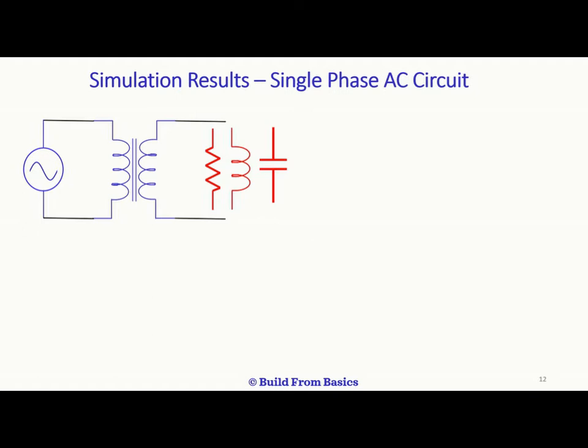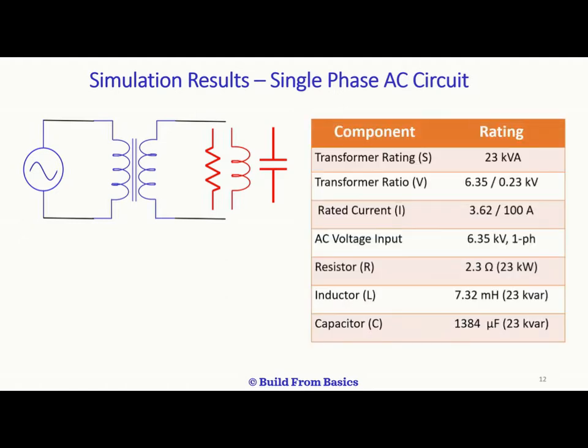Now let's consider a single phase circuit here with the three network elements: a resistor, inductor and capacitor, as shown here. The circuit elements are shown in the table. Let's take a single phase 11 kV supply. 11 kV is the line voltage, and the phase voltage is then 6.35 kV.